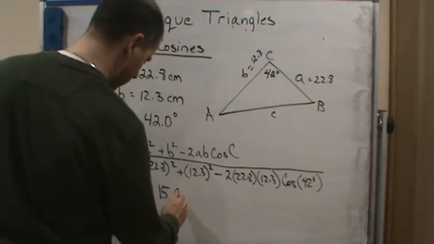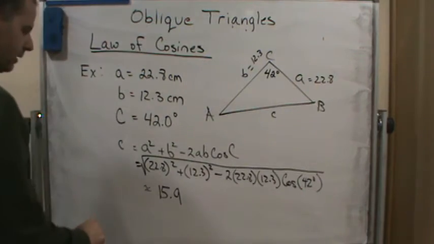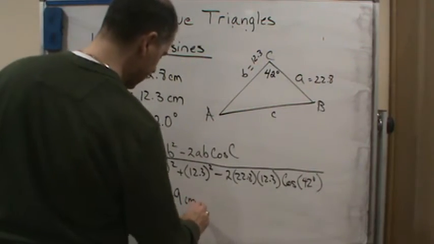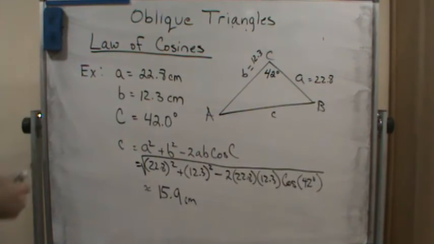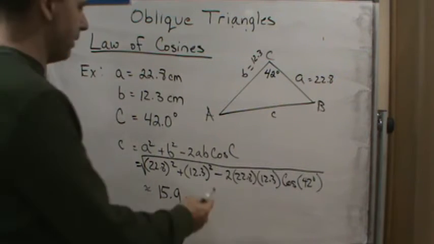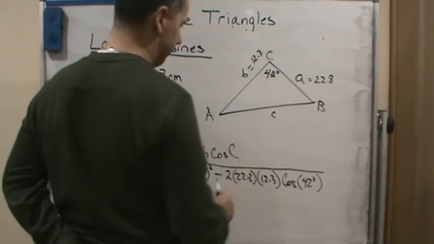But I'm going to go out one decimal place. So 15.9 centimeters, since both of these are out to one decimal place. Okay, so that's C, right? Now, what else do we need to solve for? Well, we got C, but now we got to get A and B, okay?